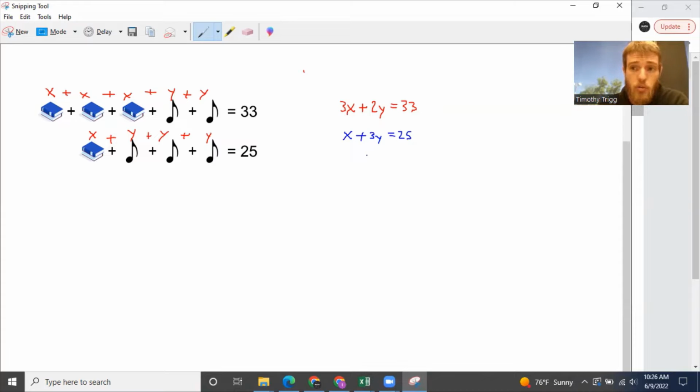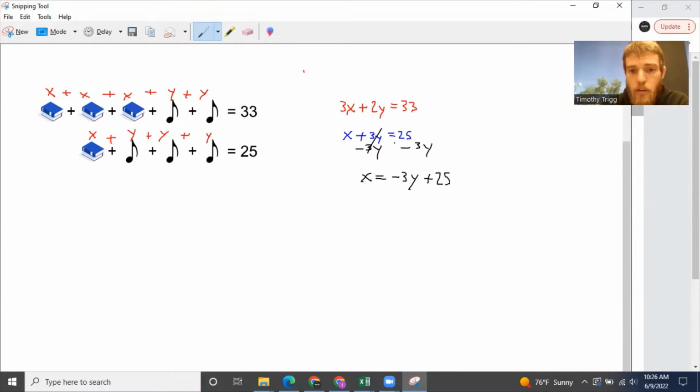Instead, we have x and y together for both equations, right? So when we want to use substitution, the first thing you should look for is, can I get one of my variables alone easily? So in this case, yes, I can get the x alone in the second equation. Getting x by itself is the easiest way to get a variable by itself in this system. So in other words, we're going to solve for x. And the way we're going to do that is subtracting 3y on both sides of the equation, giving us that x equals negative 3y, we'll say, plus 25.